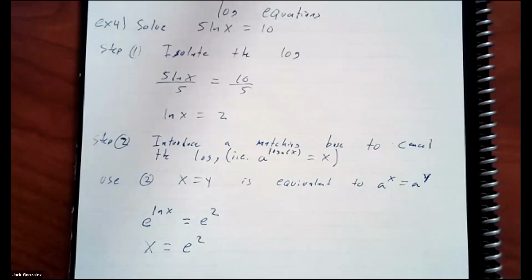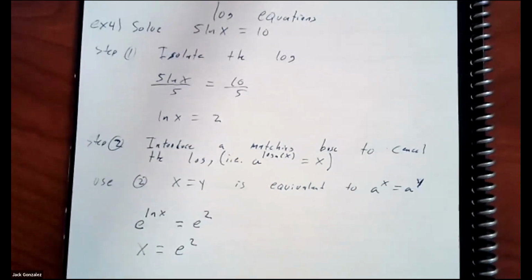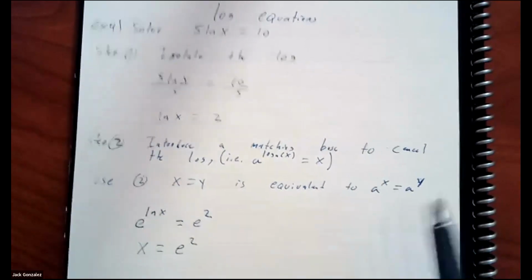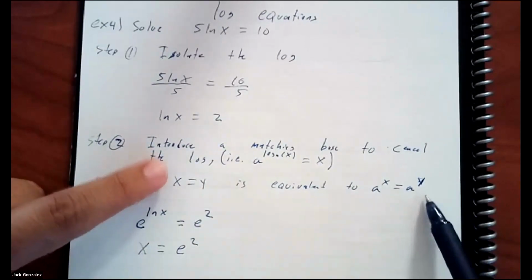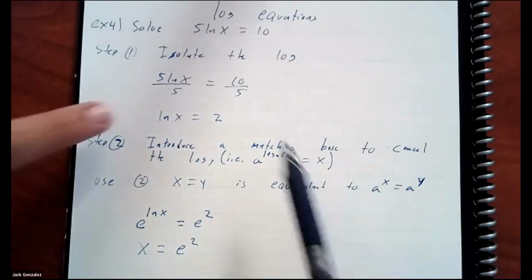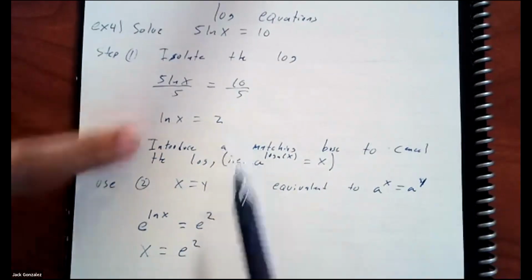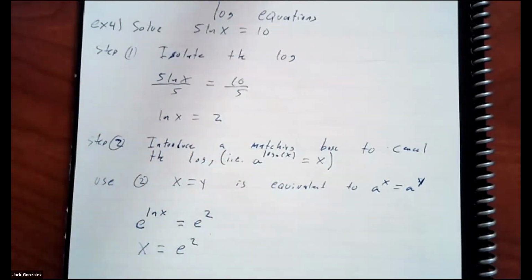Let's pick a harder one. All the steps are cool. We're just going to keep using this idea: as soon as it's an isolated log, you're going to do this. Okay.